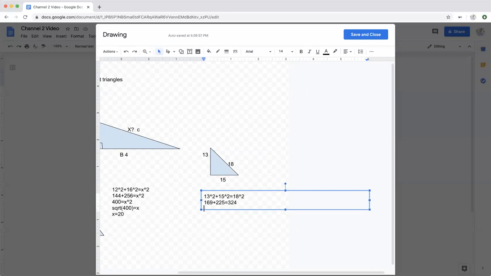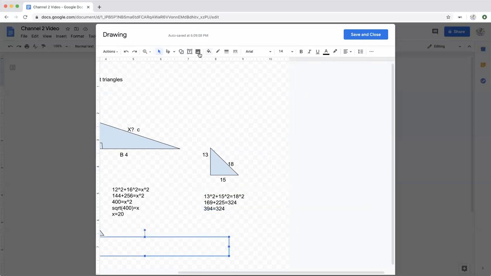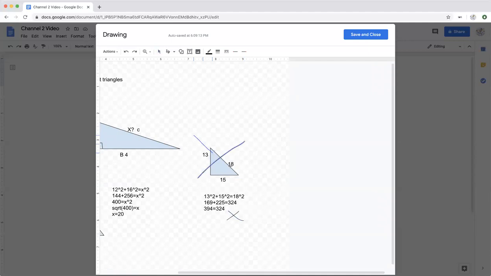So 169 plus 225 is equal to 394. So 394 is equal to 324. This would not be correct, and that would prove that this is indeed not a right triangle.